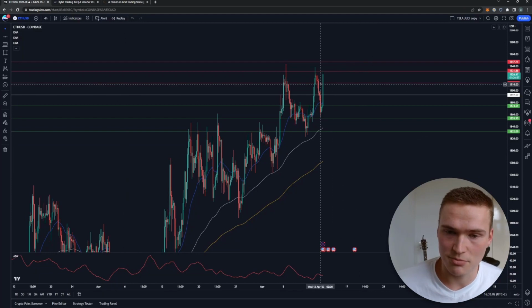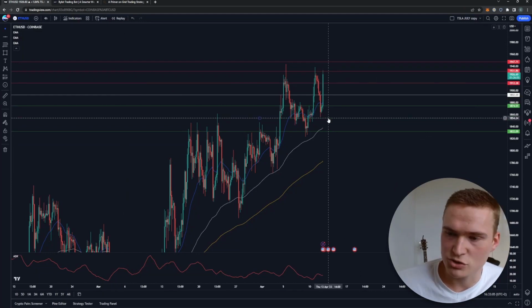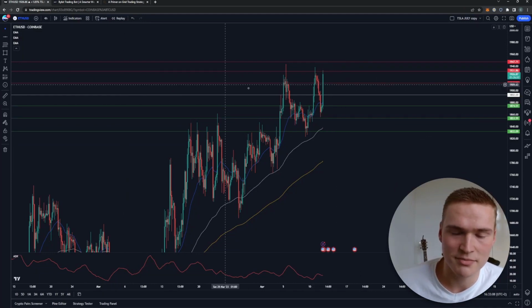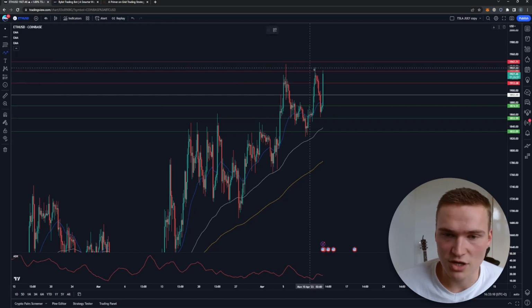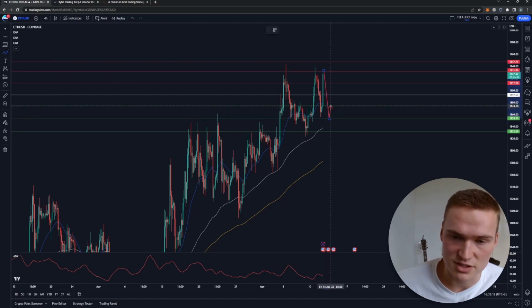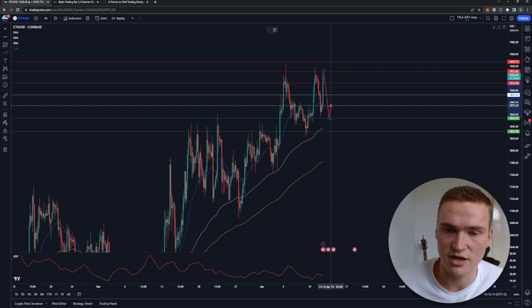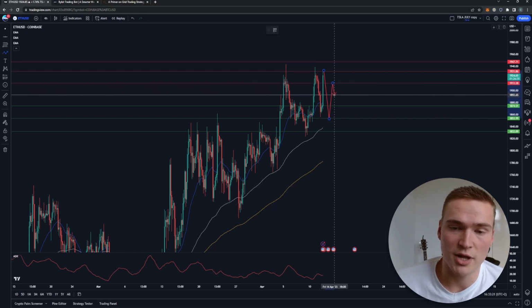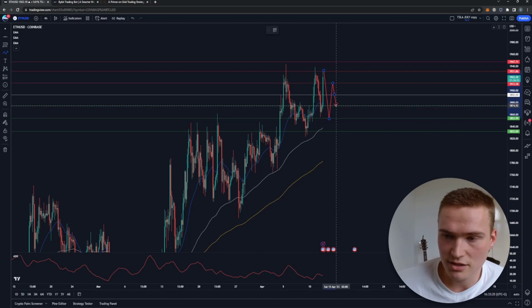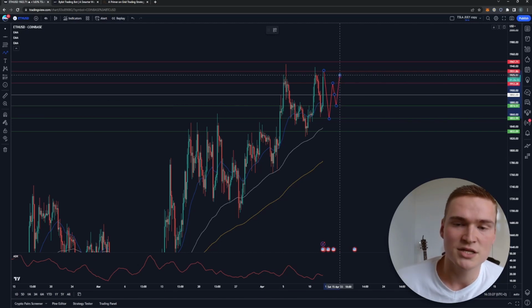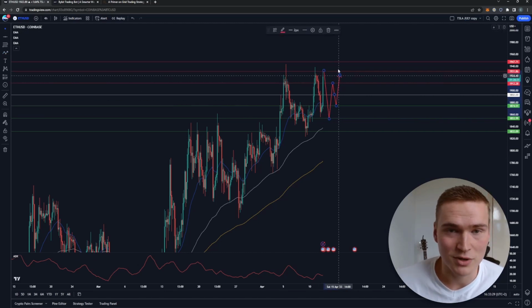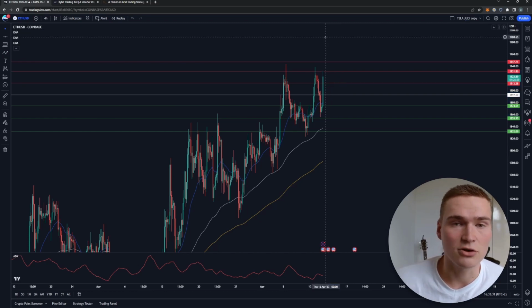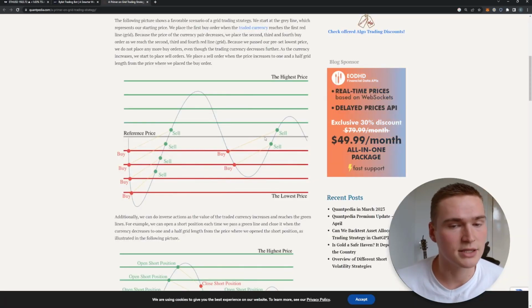So for example, we drop down to 1850 right here. It will start selling at the grids above it: 1875, 1890, and then 1910. And if we drop down again, it would start buying at the grids below that, so buying at 1890, 1875. So basically it buys when the price goes down, and it sells when the price goes up. That's what it will do.